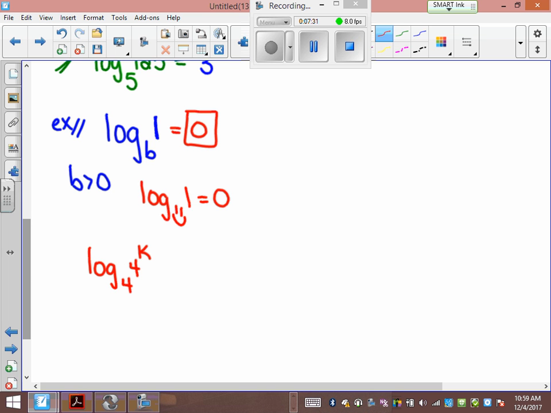The very first thing I would do is take this exponent, it's called the power rule, which we're going to discuss tomorrow too, and drop it in front. Only if it's a log though. You have to have a log here, and then you can take this exponent and drop it in front. It's called the power rule of logs. So any exponent can drop in front.